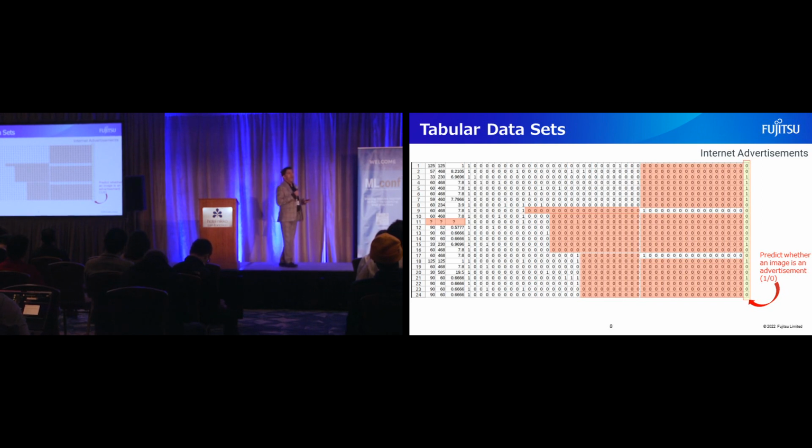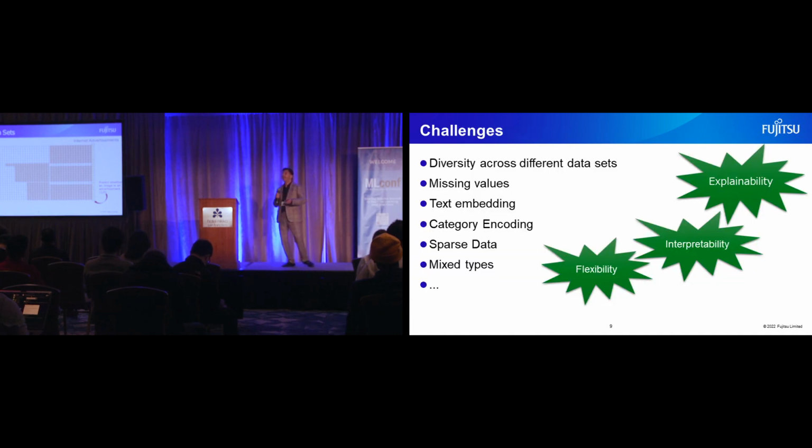But actually the reason is that they just tried things out, and we want to avoid trial and error. So all of them are challenging. We have diversity across the different data sets: missing values, text embedding, categorical encoding, sparse data, mixed types. All of them are challenging in tabular data.